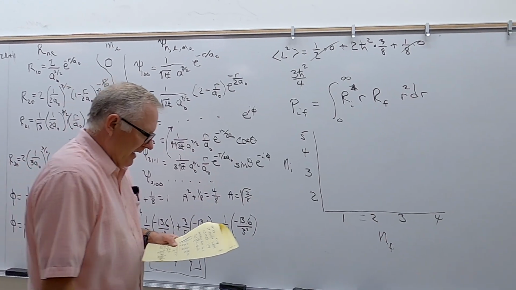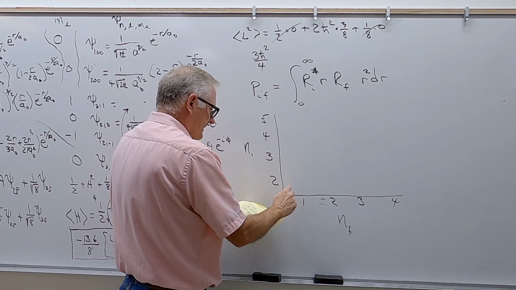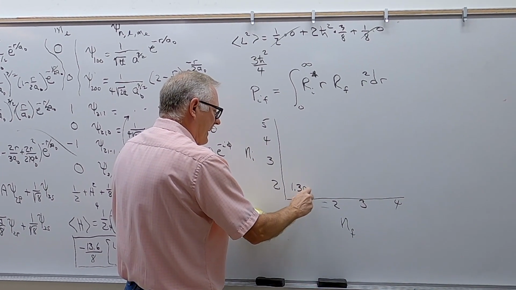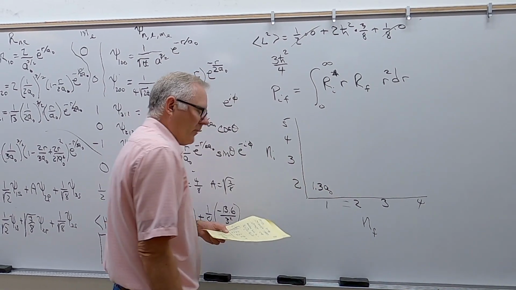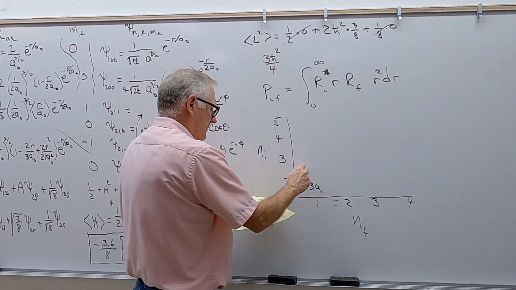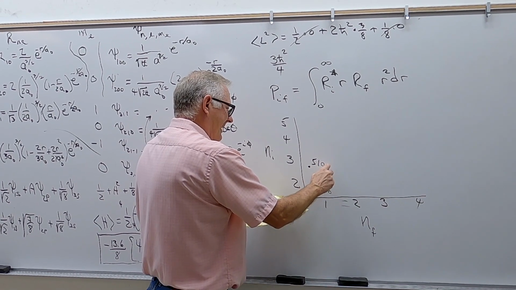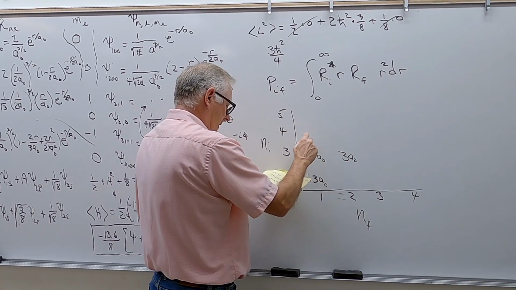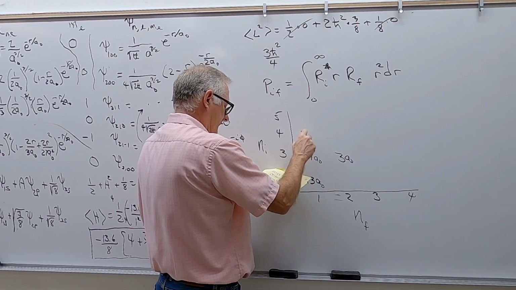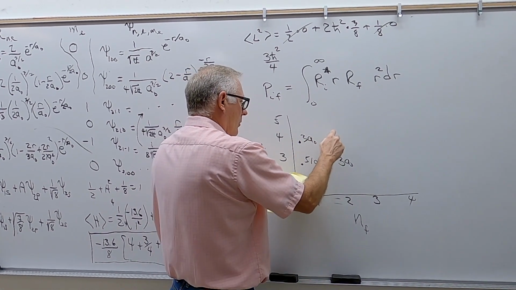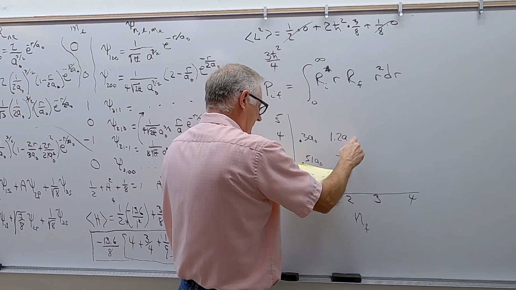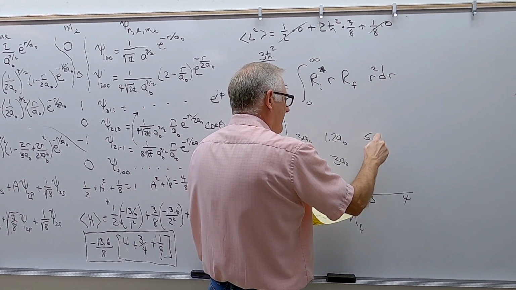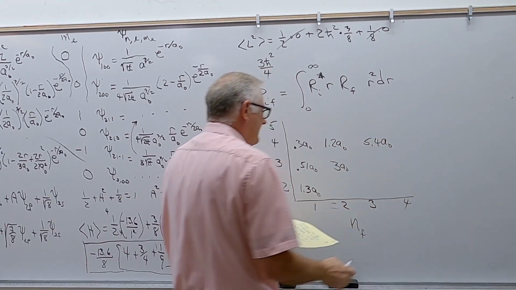This one is a distance. This one is 1.3 a naught, that's the Bohr radius. This one was 0.51 a naught. This was 3 a naught. The next one up here is 0.3 a naught, 1.2 a naught, 5.4 a naught. You have to jump to a lower orbit.